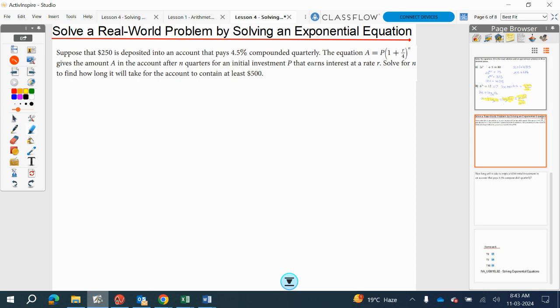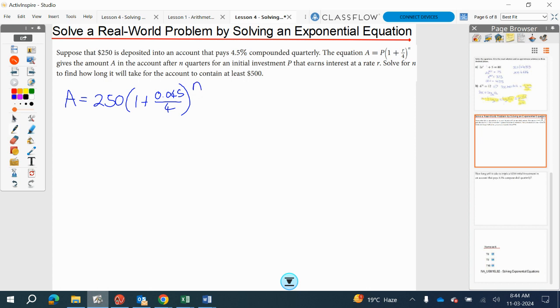So let's get our equation. We've got A is equal to 250 times 1 plus r over 4, so we are going to be using 0.045 over 4, to the power n.